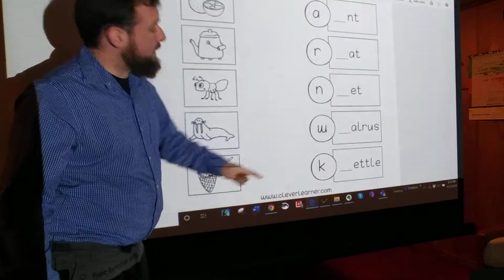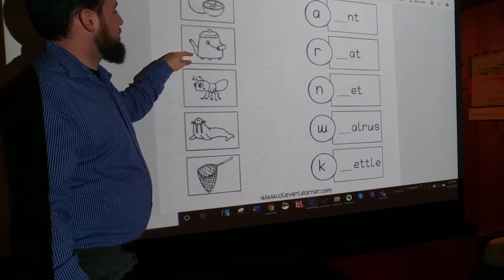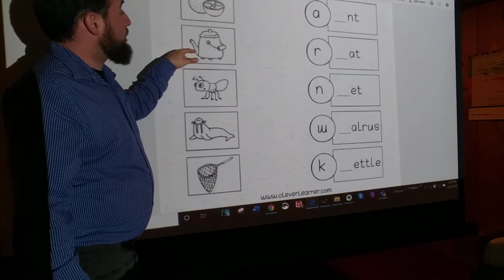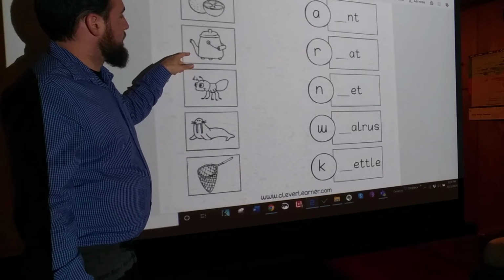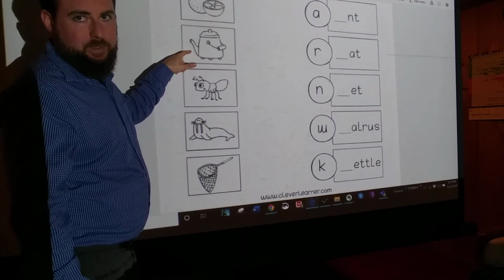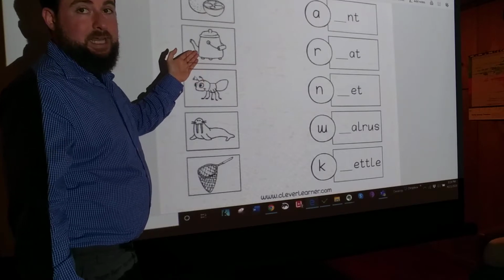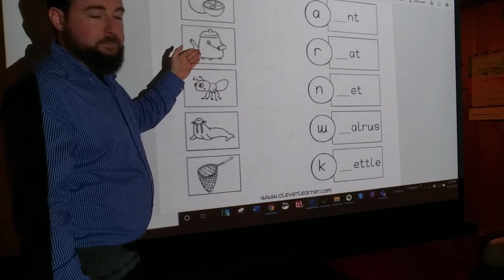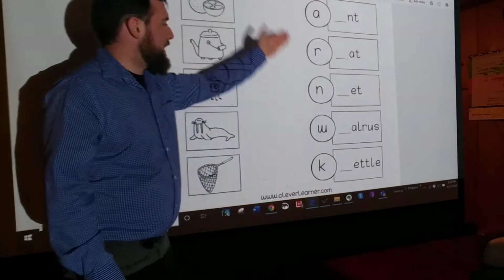Feel free to draw the line as I go, though, okay? Orange, okay? This we've talked about in a couple other lessons, but it could be a tricky word. This is called a kettle. Kettle, okay? We use it to make like hot tea to drink. So, kettle. Which one of these words do you think is kettle?